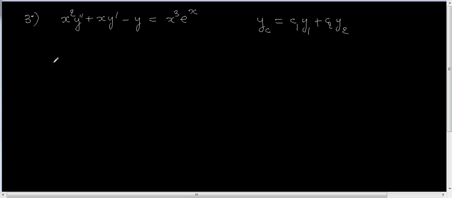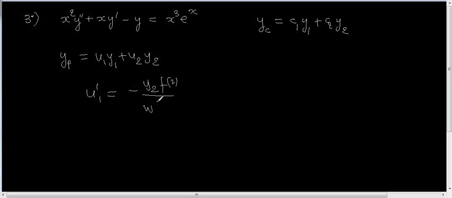Then to find yp, we know that yp using variation of parameters will be u1 y1 plus u2 y2. And for example, for u1 prime, the formula is minus y2 f of x over the Wronskian of y1 and y2.